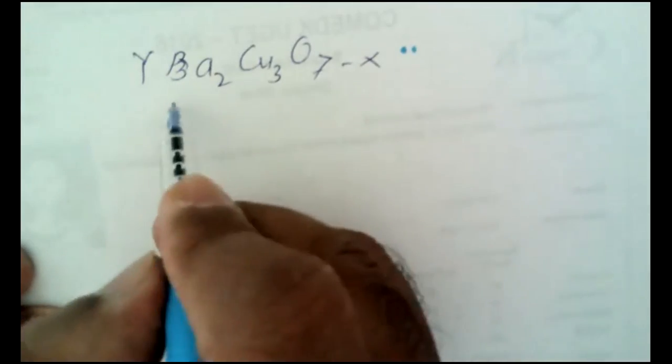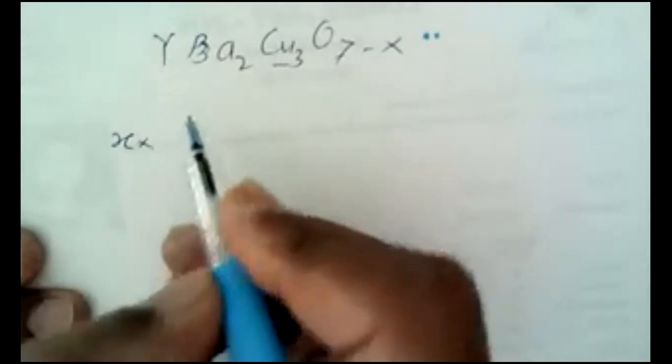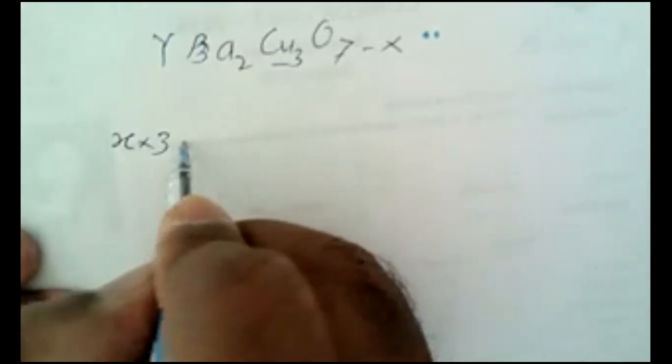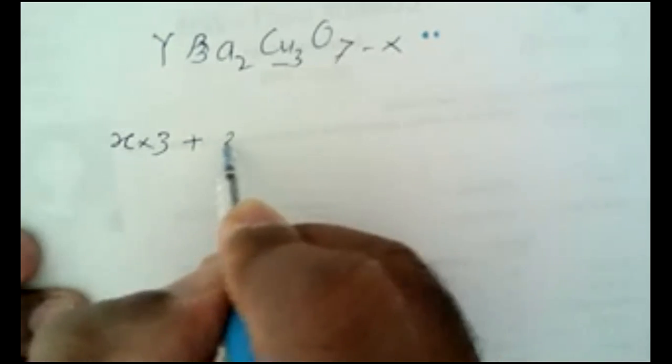How is this? I would like to show you by calculating the oxidation state of copper. Here I shall again write the formula for this, YBa2Cu3O7-X. Here our aim is to calculate the oxidation state of copper, hence we can represent this as X. 3 copper atoms are there, multiplied by 3, plus barium atoms are 2 in number.